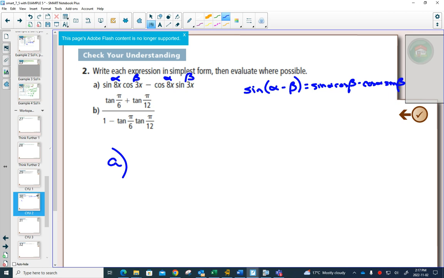And this matches up perfectly. So that means our alpha is 8x, our beta is 3x, and we can rewrite this as sine of 8x minus 3x, which is equal to sine 5x. And that's more simple than we started with.